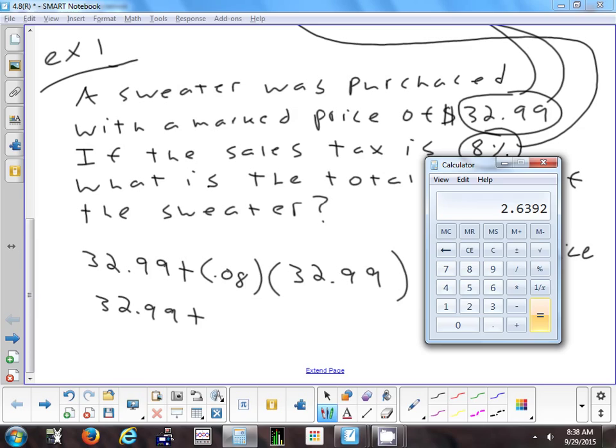So what should this part be rounded to? Yeah? 2.63. What's our rules for rounding? Not 2.63. I'm looking at that 9 and I'm thinking that tells me to do something to the digit before. Rounded upwards. Round it up. So how much would you round it to? 2.64. Right.